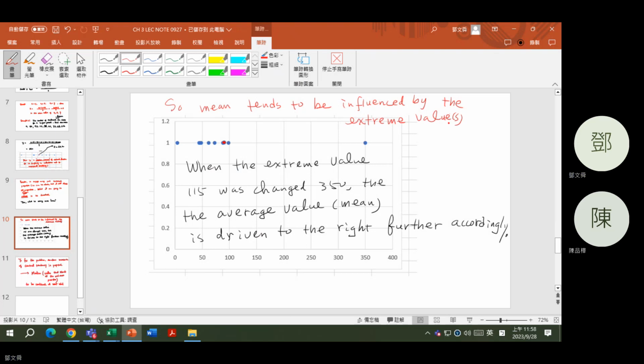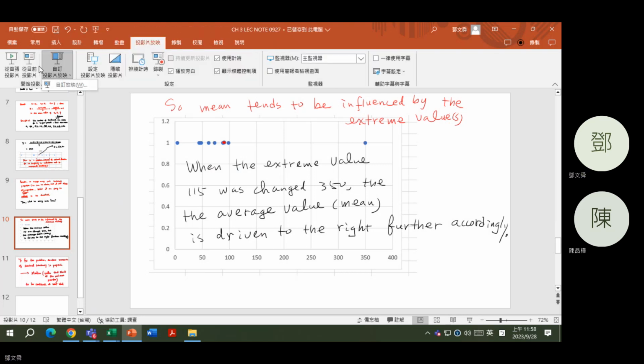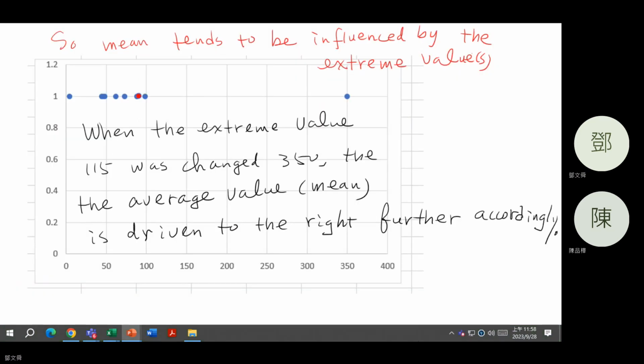Okay? You should compare this to the previous figure. Okay, so that's for today.